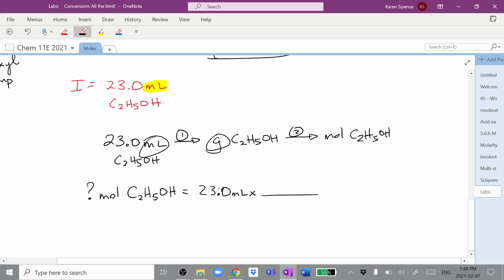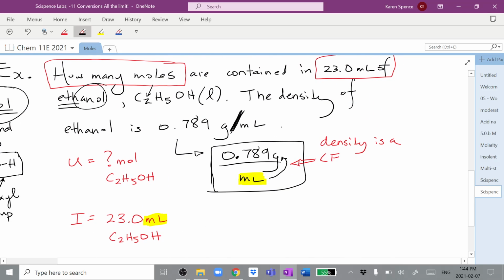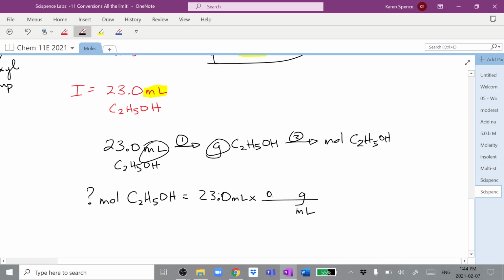See, even though my brain has stopped working, I can look at my map and go, I need to cancel milliliters and find grams. I don't even really need to think about it. What is grams per milliliter? Oh, go back to my question. It is 0.789 grams per milliliter. The power of conversion factors is that they will work even if your brain isn't working.